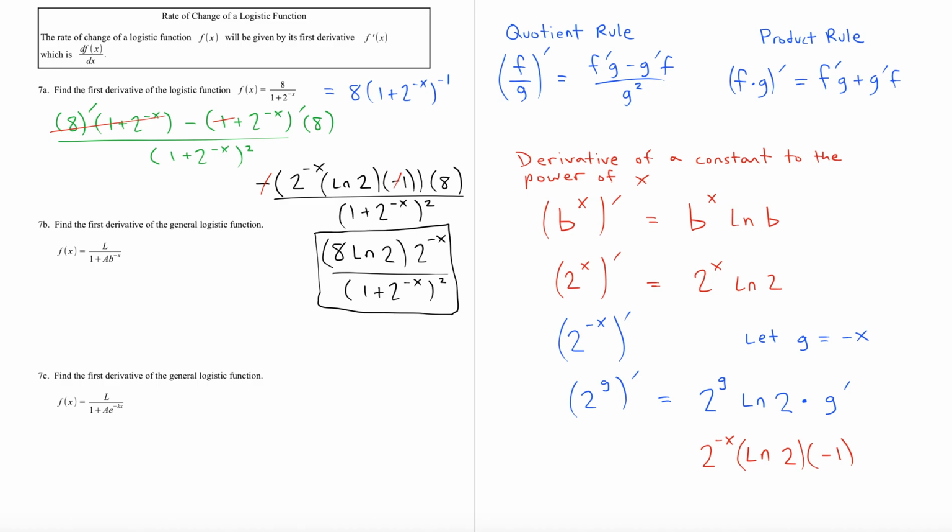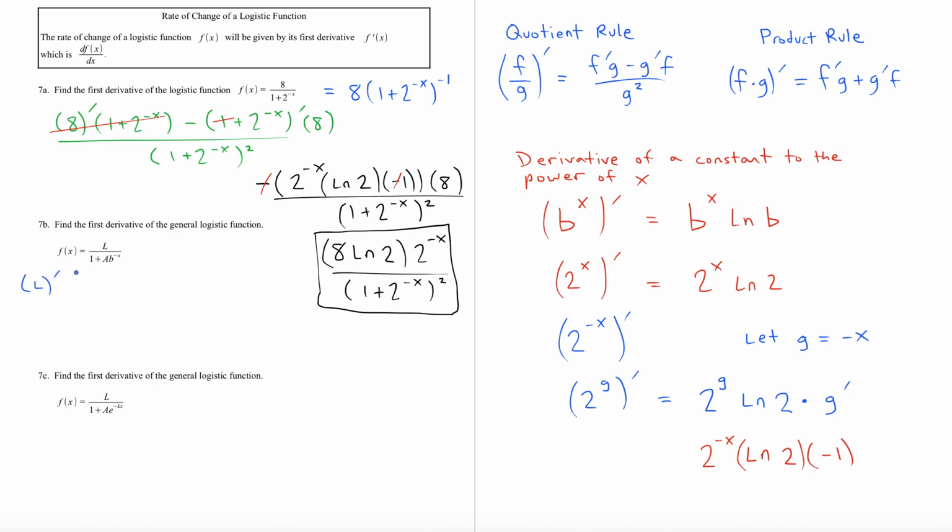Okay, so can we do this generally then for any logistic function of the form L over 1 plus AB to the negative x? All right. We'll just try the quotient rule once again here.